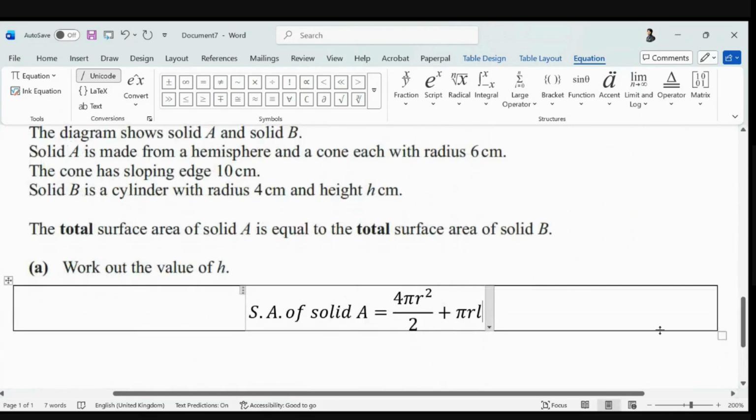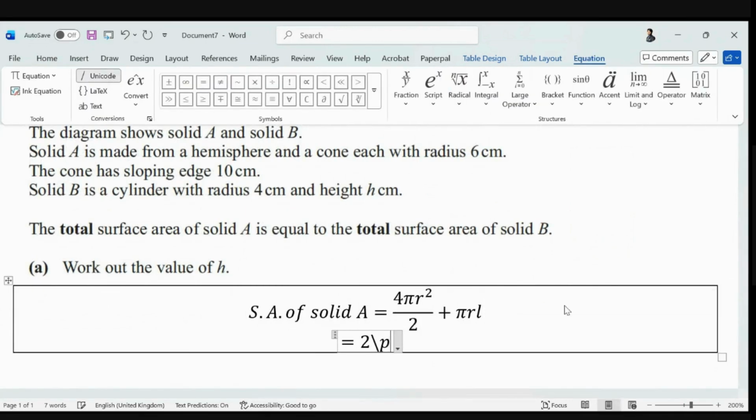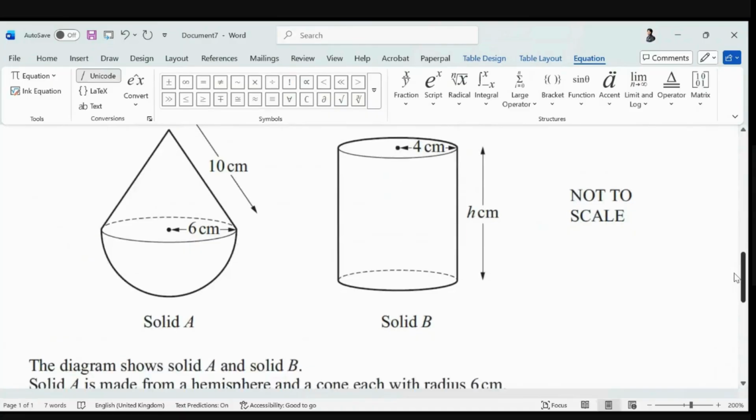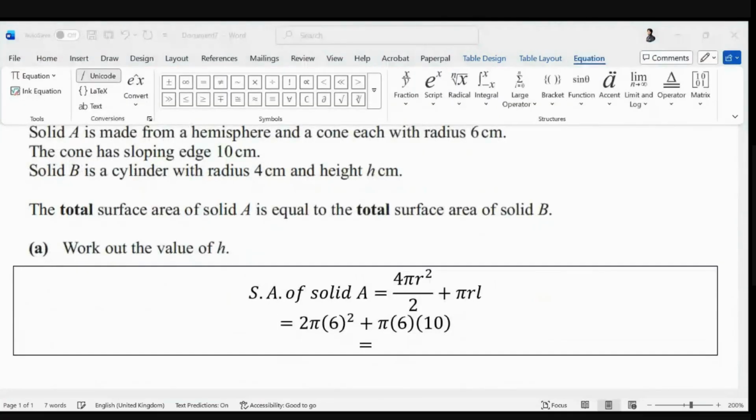So you have 2 pi r square, the radius of the hemisphere is 6, plus pi, the radius is 6, and the slant length is 10. In terms of pi, keep pi as pi.